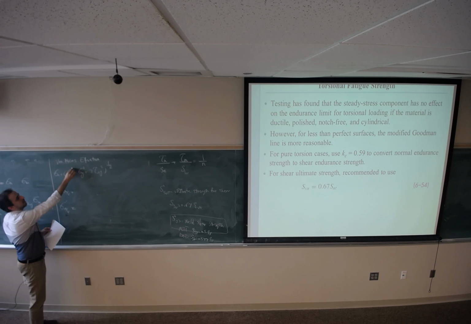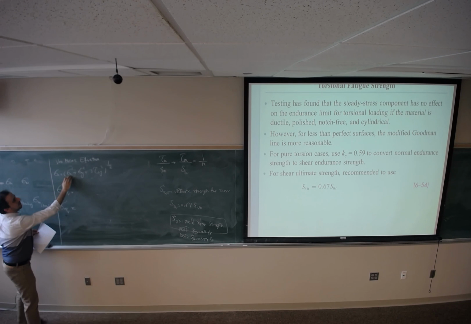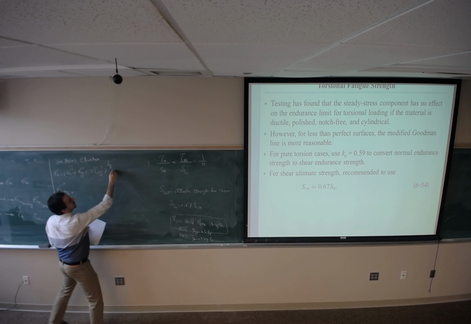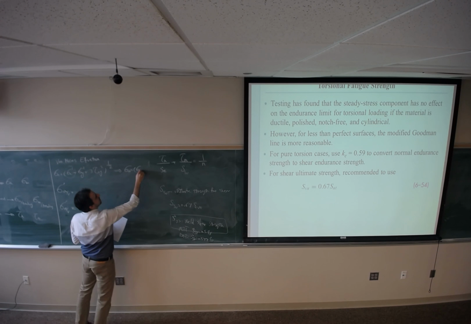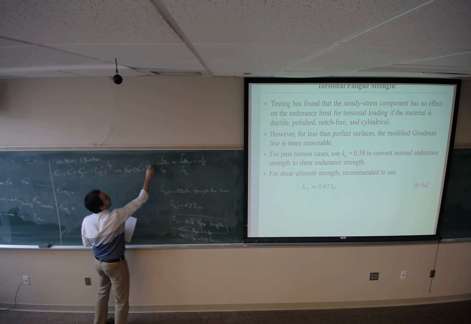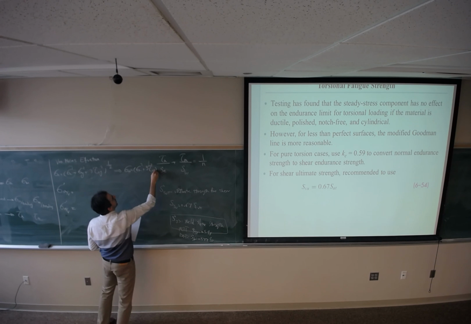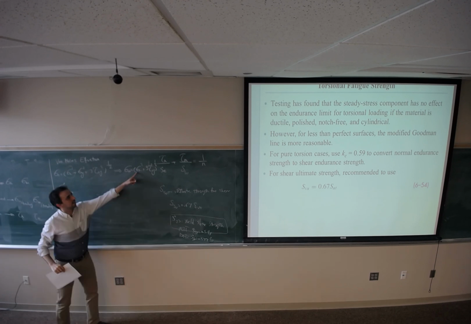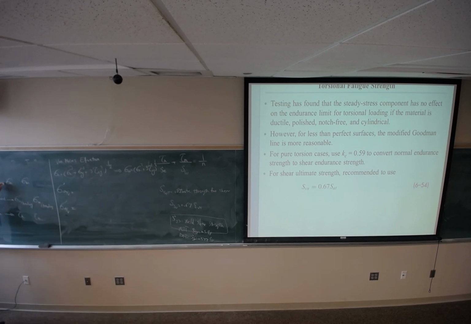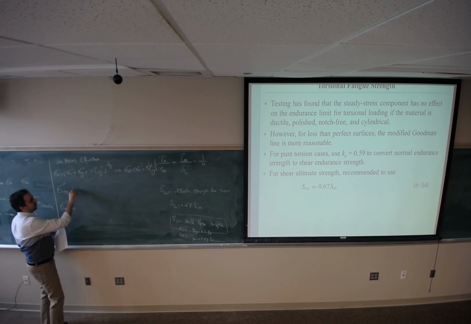So the sigma x that I have, it's a normal, so we don't have any sigma y. So this equation is gonna change to the square root of sigma x squared plus 3 tau xy squared. So the normal stress that I have here has two terms, one coming from axial, one coming from the bending moment. Now for alternating components, I'm gonna add them up.